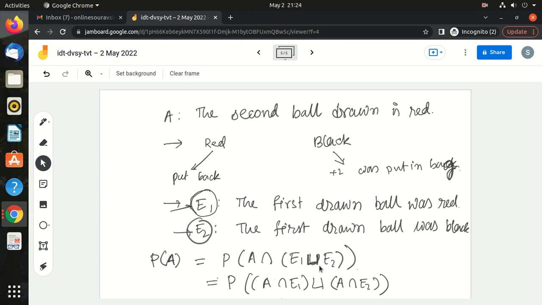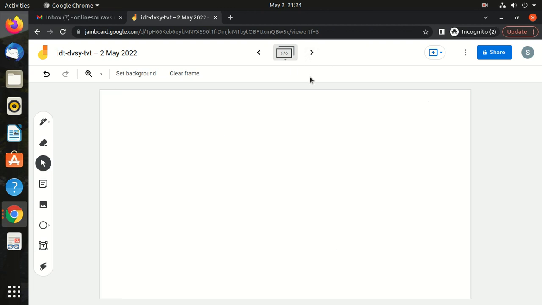Sir, can you explain how P(A) equals A intersection? How is it possible, sir? Oh, okay. Again? Surely. Suppose your whole event A equals A intersection the whole event omega, which is the first ball is drawn.